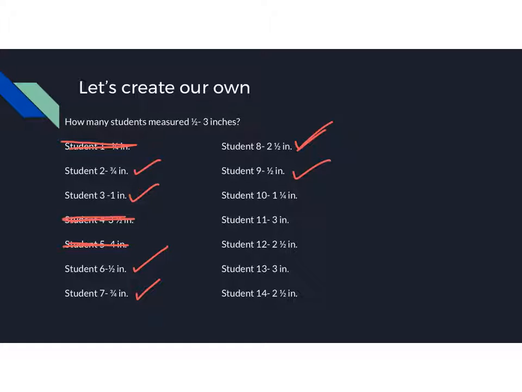Student 10 is 1 1/4, good. Student 11 is 3 inches, that's still good. And then we have a 2 1/2, 3 inch, and 2 1/2. Okay, so we have 1, 2, 3, 4, 5, 6, 7, 8, 9, 10, 11 students that we are going to graph.